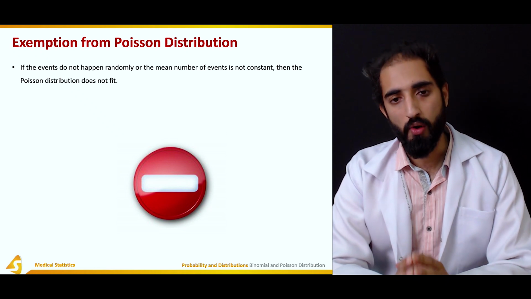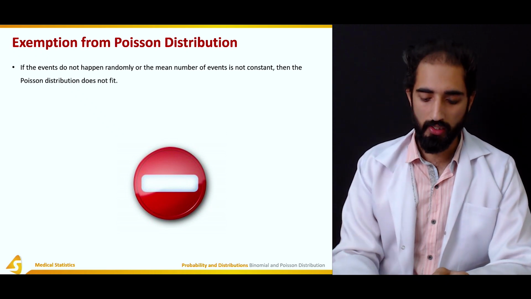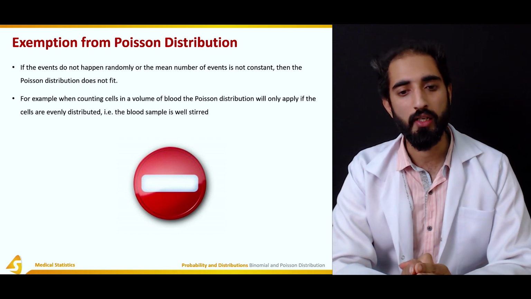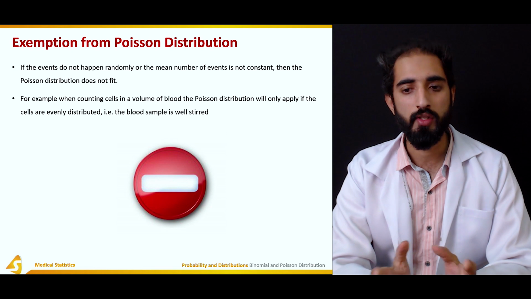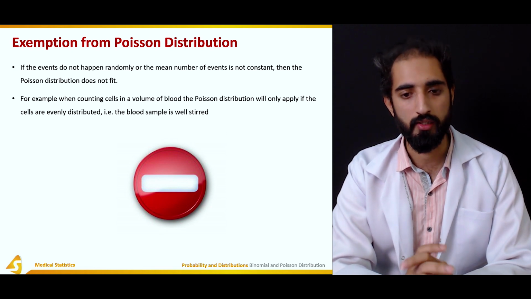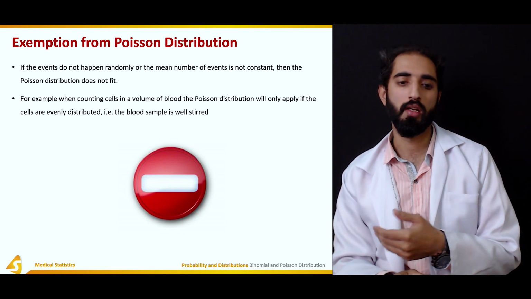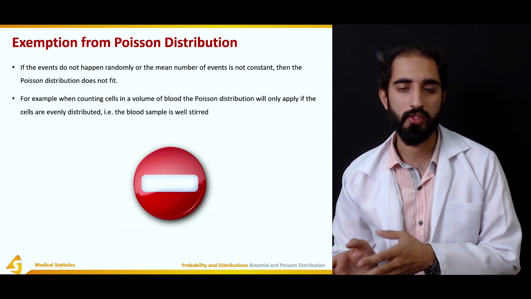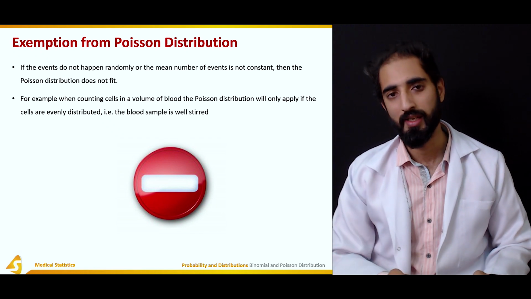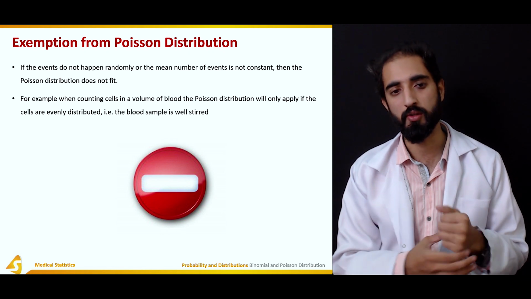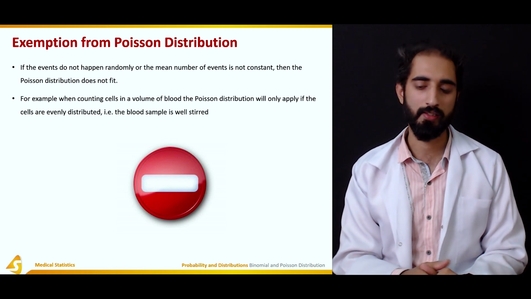For example, when counting cells in a volume of blood, the Poisson distribution will only apply if the cells are evenly distributed, that is, the blood sample is well stirred. But if there is an uneven distribution and there are more cells in one place than another, then this is not the correct way to calculate the probability. So the Poisson distribution does not fit in that scenario.